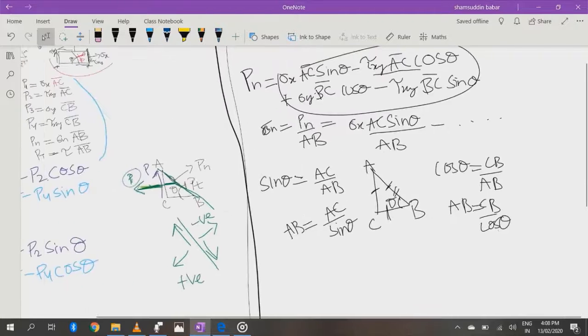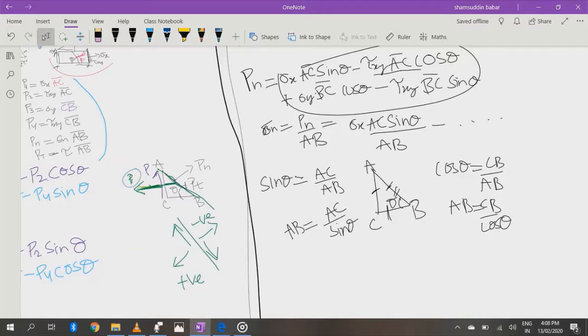Now using these formulas, this whole expression is divided by AB. I will put AB either as this or this, depending on whether I have AC or BC.